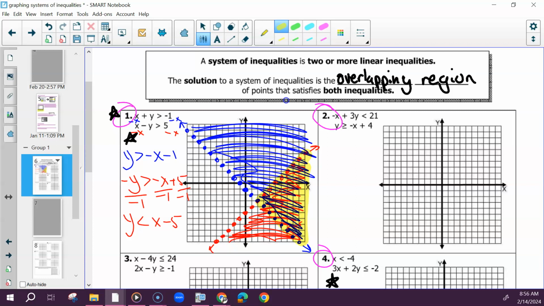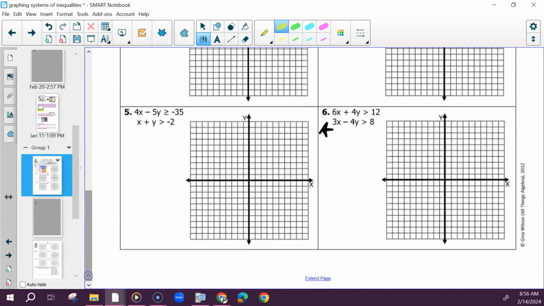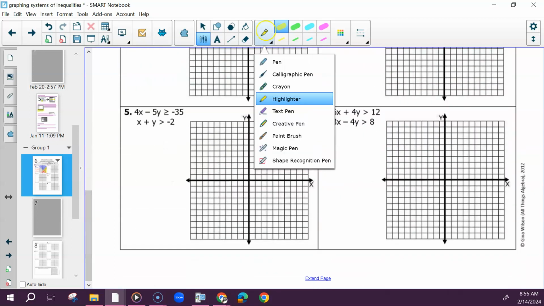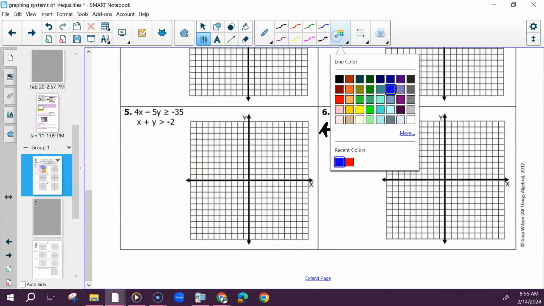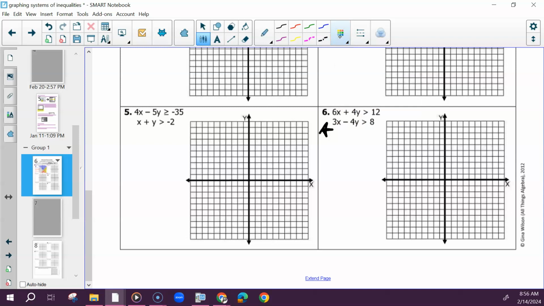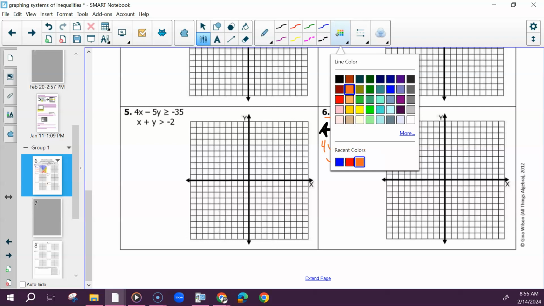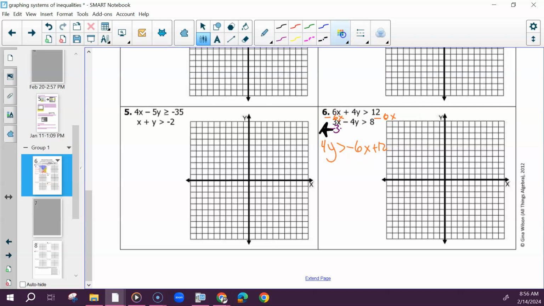Okay, moving on to number 6. Same thing, solve both. So I'm going to, again, do that at the same time. Subtract 6x. And subtract 3x.